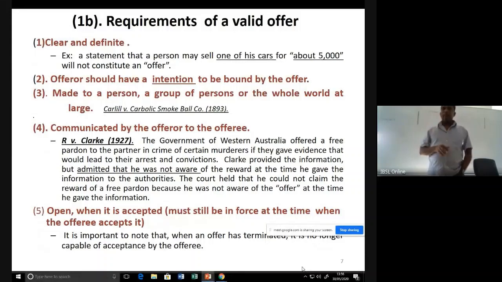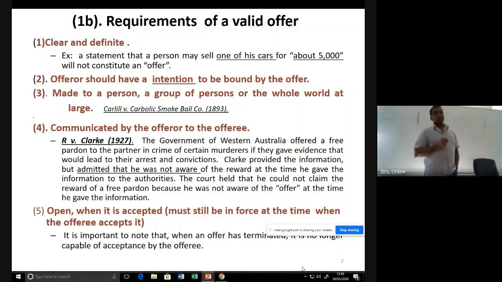You don't think that even if you breach or don't perform your promise, he will go to court and file action against you. So the second point is the offeror should have the intention to be bound by his own promise. That is the second important point, or requirement, of a valid offer.